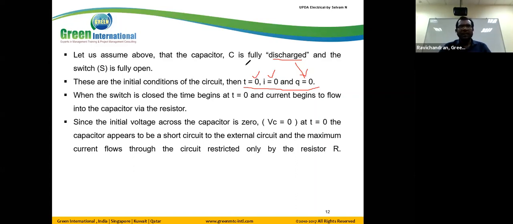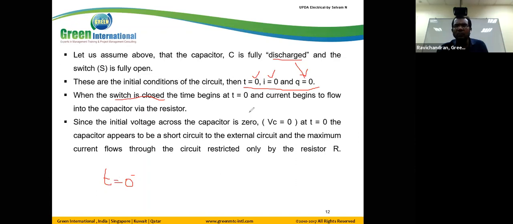Now the switch is closed. When the switch is closed, that is at t equal to 0, the current flows from the voltage source to the capacitor through the resistance. Since the initial voltage across the capacitor is 0, initially there is no voltage in the capacitor.